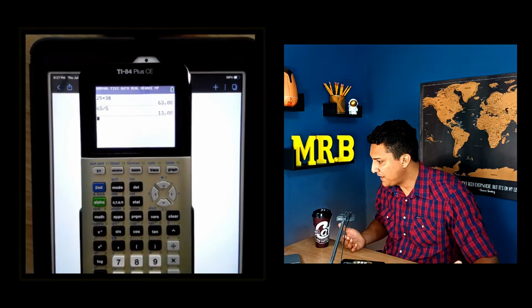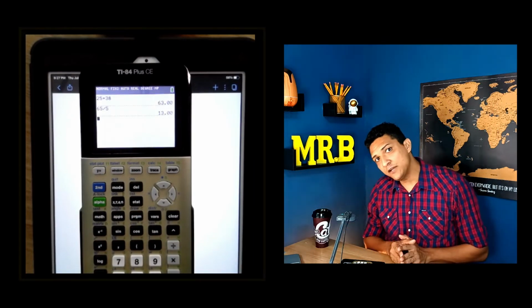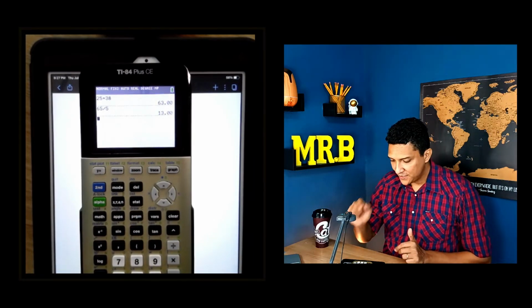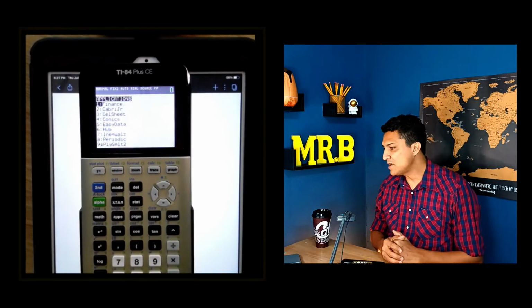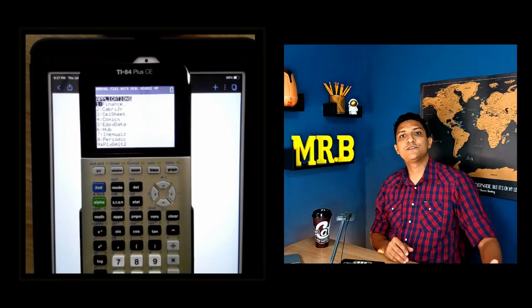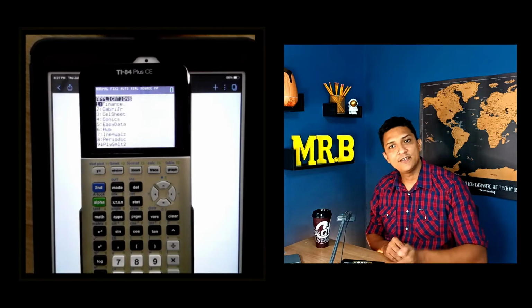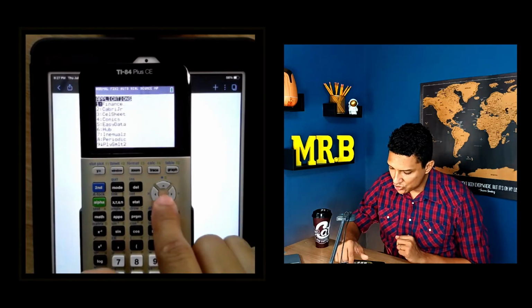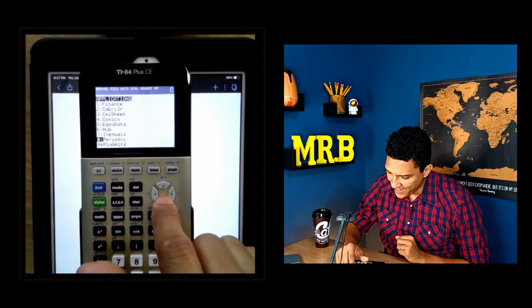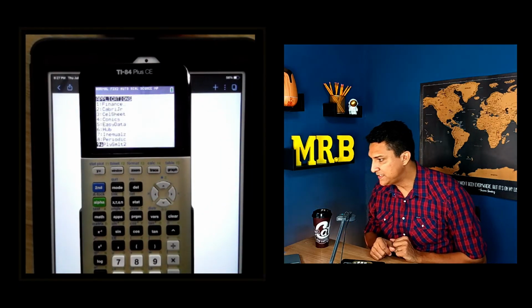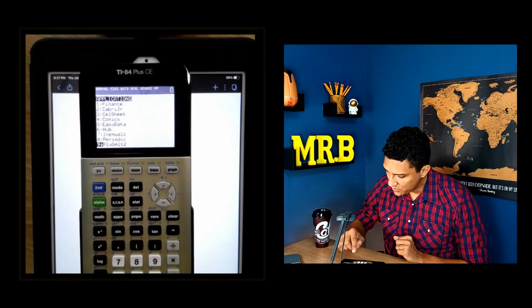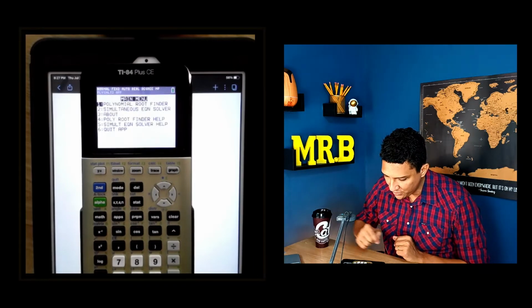So here you can see my calculator. The first thing that you should do is press the button that says apps, okay? Here you're gonna find all the applications that are built in the calculator. So you need to go to the ninth option, the one that says Simultaneous. I'm gonna press enter. This is the ninth option.